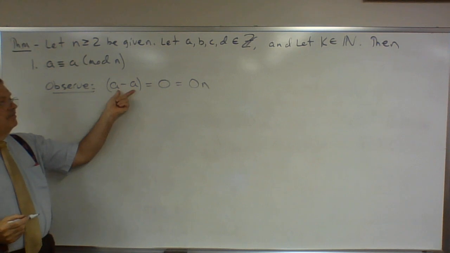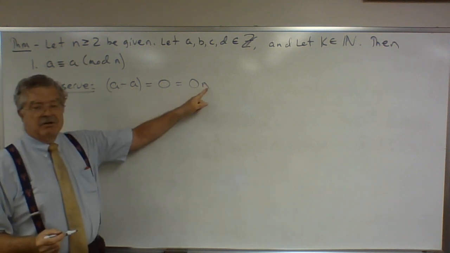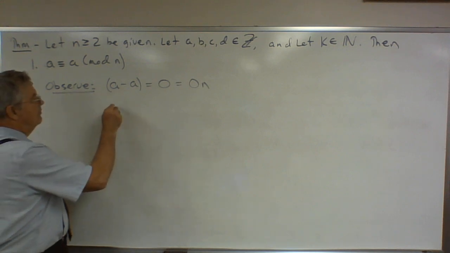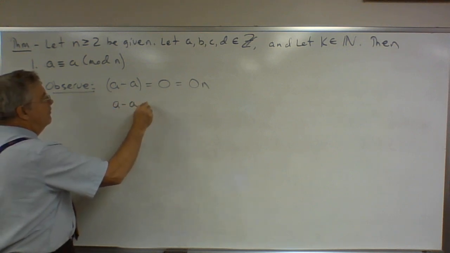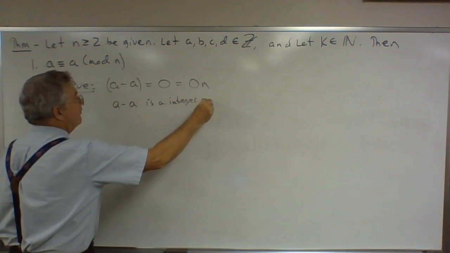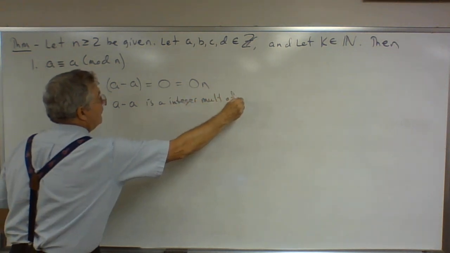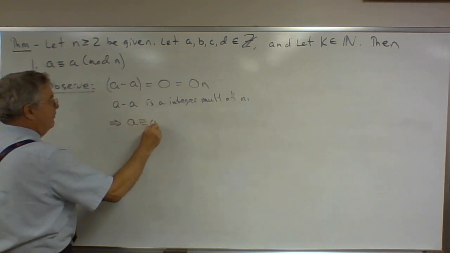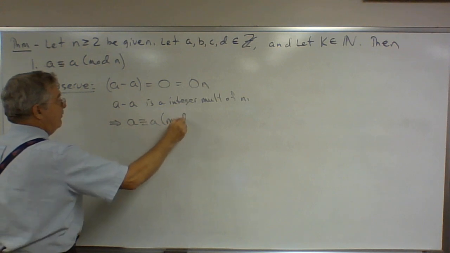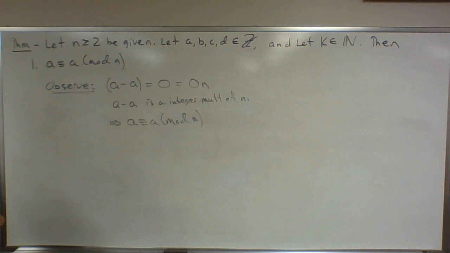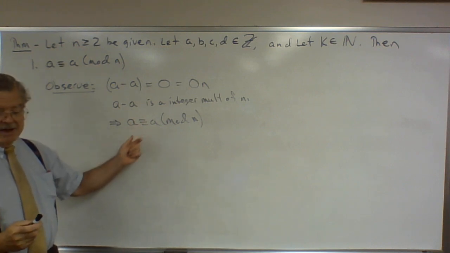The difference is equal to an integer multiple of n. So A is congruent to A mod n. Their difference is an integer multiple of n, so they're congruent mod n.